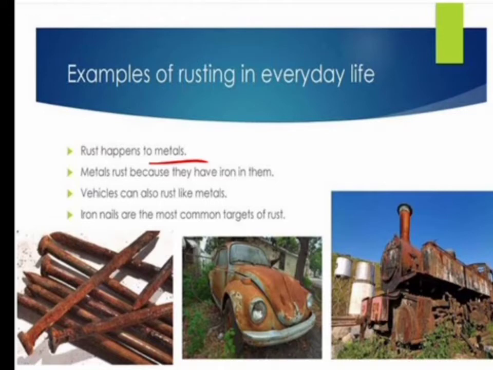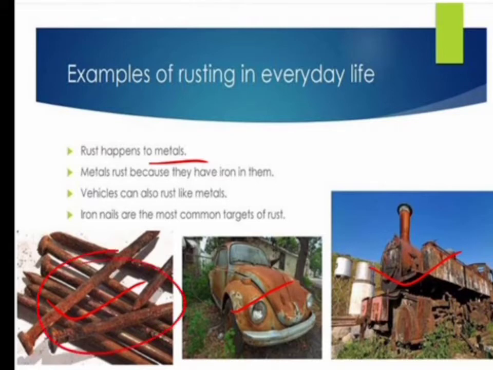Vehicles can also be rusted. This train, this car, or many carpenter's boxes are also rusted. A blade is also an iron object which is rusted easily when left in open air and water for some time.